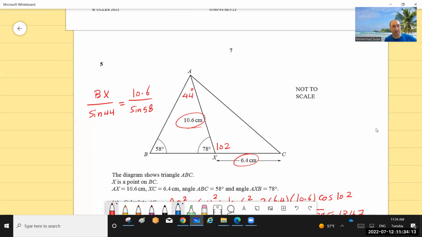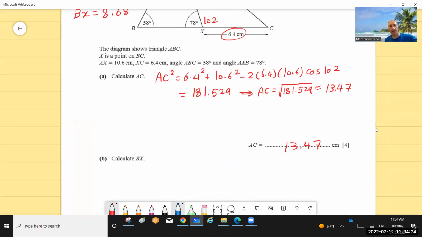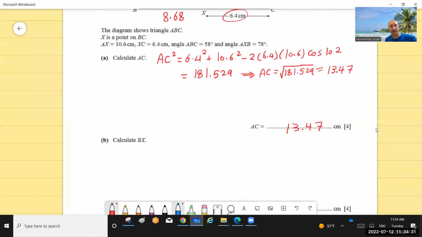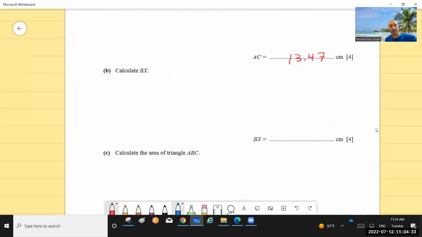Okay, so by making BX the subject, the BX you will get is 8.68. So this is the length of BX. You can write it here, 8.68.